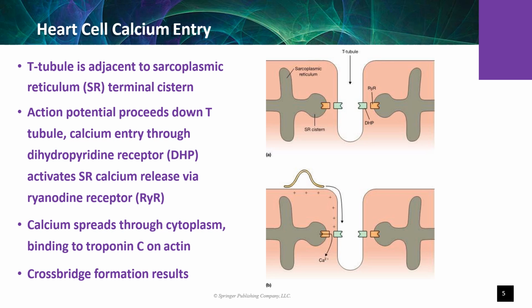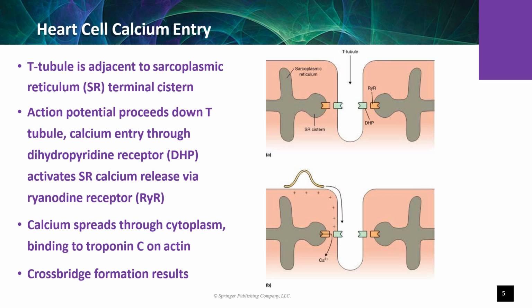The wave of calcium quickly diffuses around the actin filaments, binding to troponin, shifting tropomyosin, and allowing myosin-actin cross bridges to form. Calcium entry through the T-tubule receptor initiates the SR calcium release.